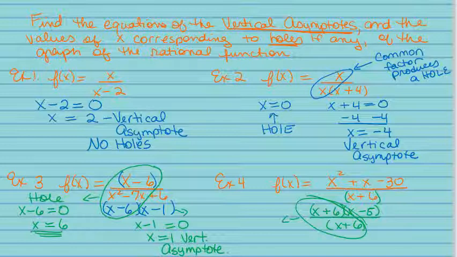Just like before, this is the hole. x plus 6 equals 0. So the hole is going to be at negative 6. Now, the x plus 5 here is in the numerator. So this does not create a point of discontinuity. So there is no vertical asymptote.